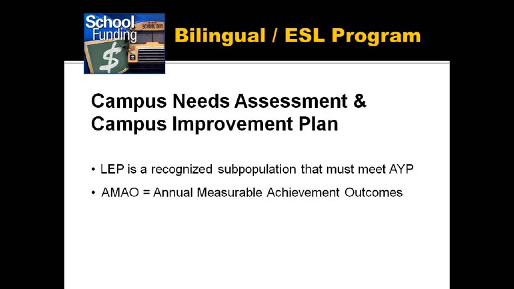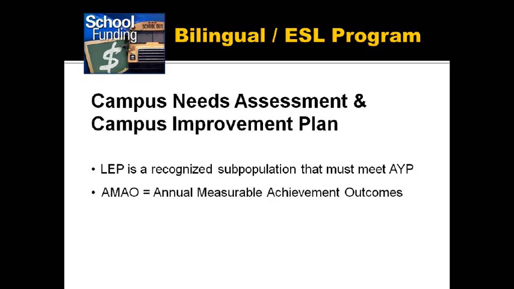The bilingual ESL program plays a significant role in comprehensive needs assessments and the district improvement plans because LEP students make up the majority of this program and are a recognized subpopulation that is evaluated in terms of average yearly progress. Districts are held accountable for the progress of LEP students through Annual Measurable Achievement Outcomes, or AMAOs, which is the number of LEP students making sufficient progress in English acquisition, attaining English proficiency, and AYP.